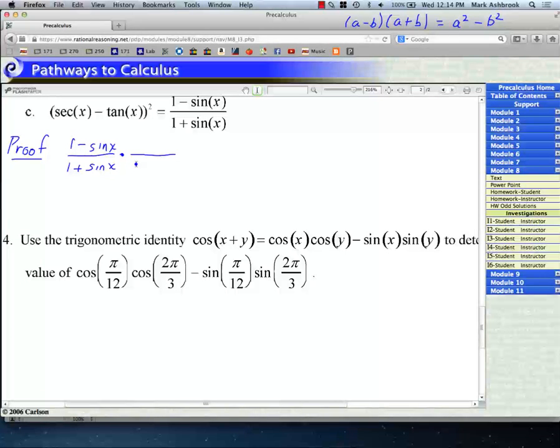So what's the conjugate of 1 plus sine x? 1 minus sine x. But we can't change the value of that, so we can only multiply by 1. So by multiplying by 1, we maintain the value of that ratio.